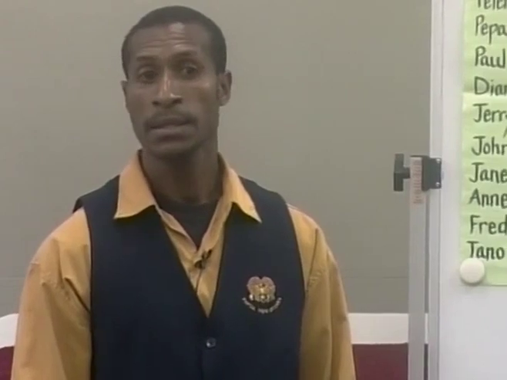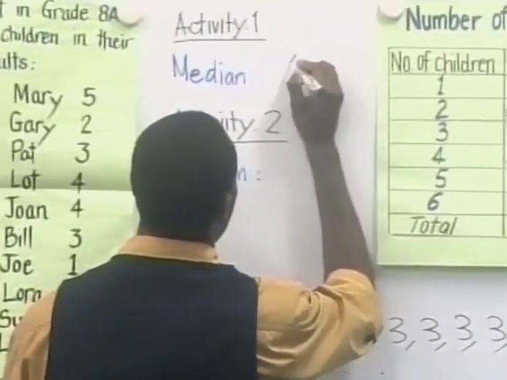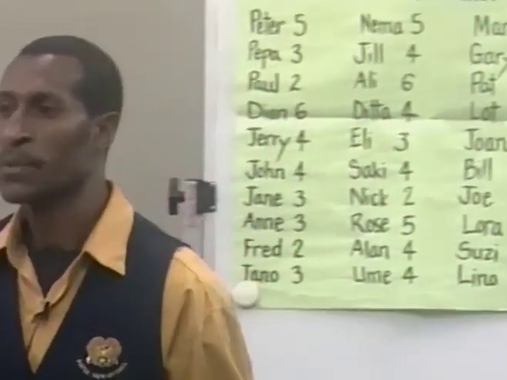The median is 4. Simon says the median is 4. Class, do you agree with that? Yes, that's correct. The median is 4. Simon, how did you get that answer?